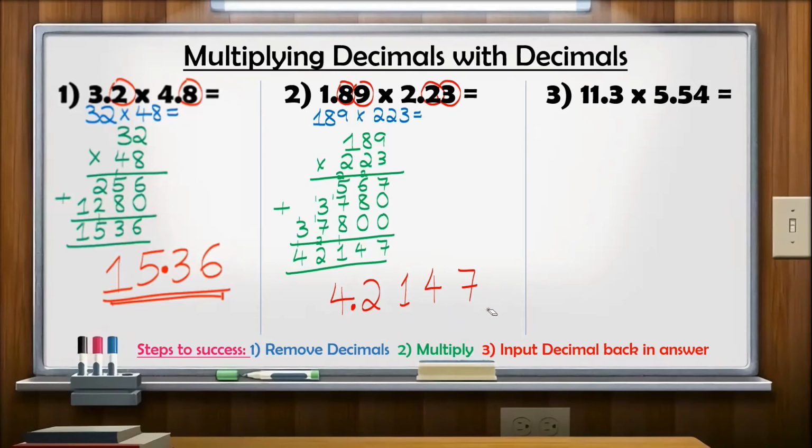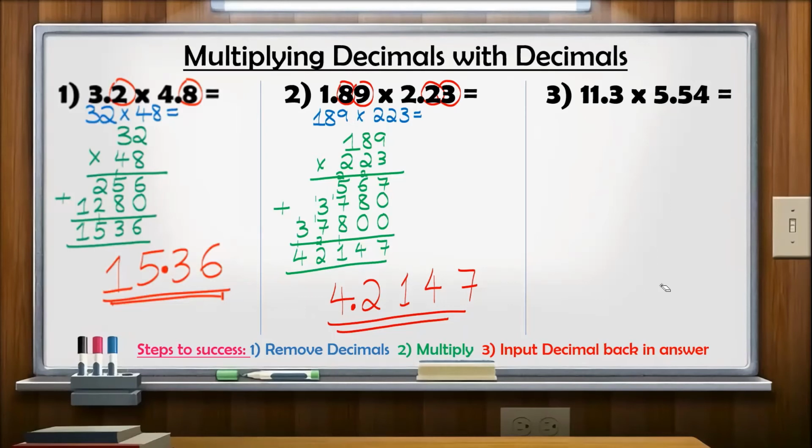So the final answer to 1.89 times 2.23 is 4.2147.